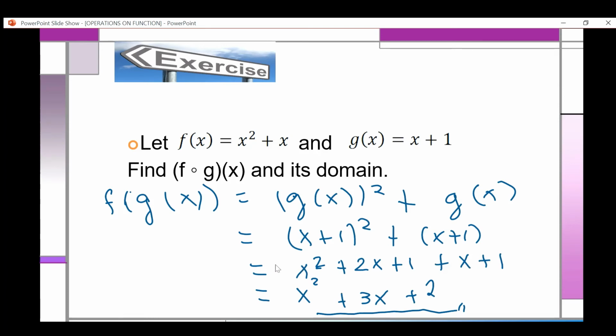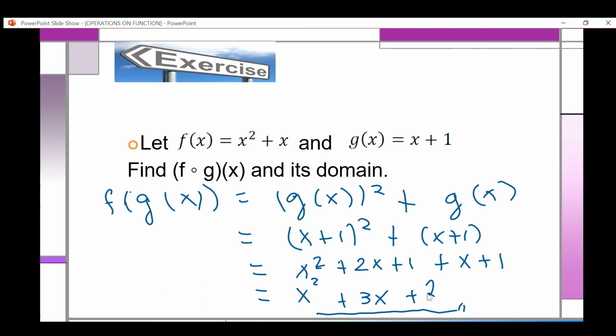Tapos, simplifying. So, may x squared ba? So, wala. So, copy lang natin si x squared. Then, x, pwede nating pagsamahin. Dalawa, si 2x at saka x. So, 2x plus x. So, that's 3x. Tapos, yung constant natin, 1 plus 1. So, 2. So, this is our final answer. X squared plus 3x plus 2.